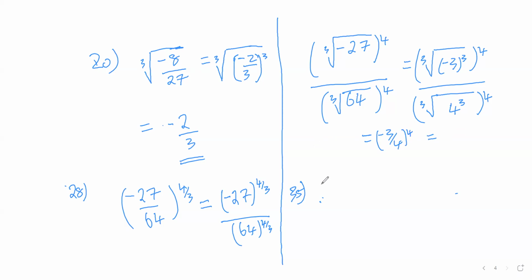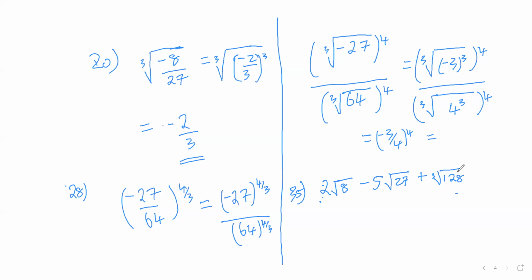So this number 35 is 2 square root of 8 minus 5 square root of 27 plus cube root of 128.